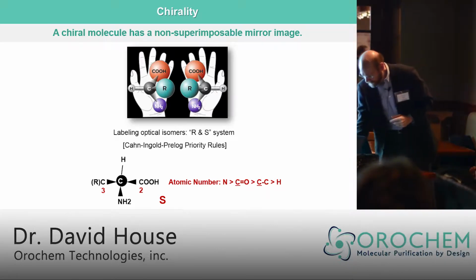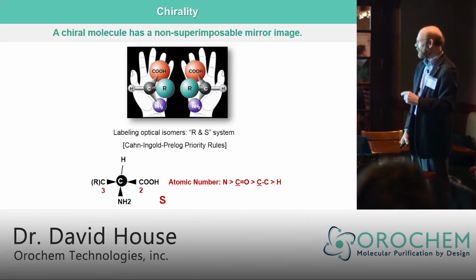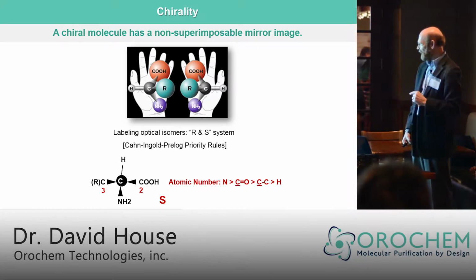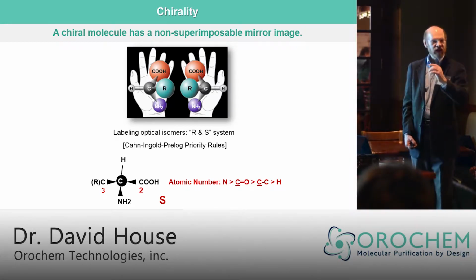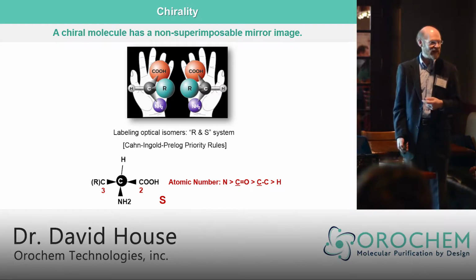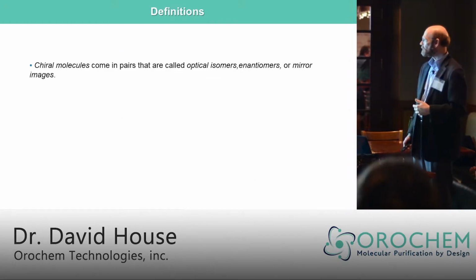So, looking at the molecule in the bottom right, the order would be amino, the acid, and then that carbon, or the R group. That's counterclockwise. That would be defined as S. So that's the S enantiomer or S optical isomer.